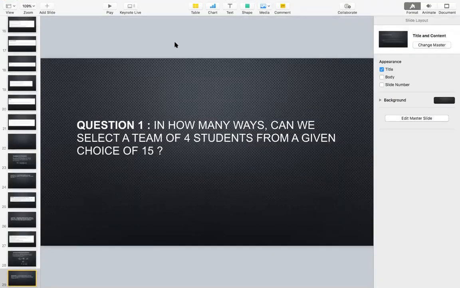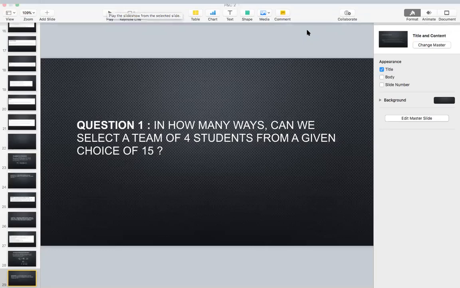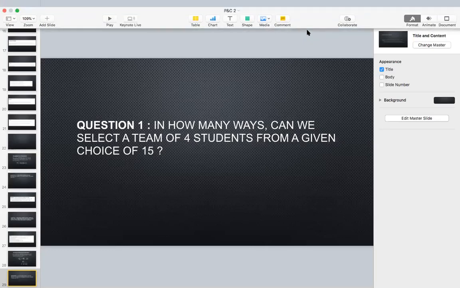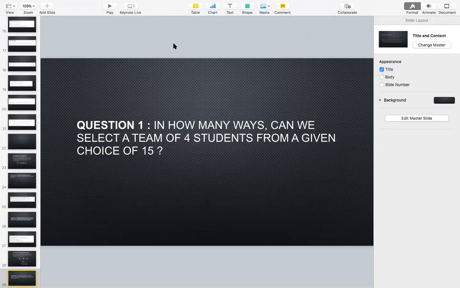Tell me in terms of NPR or NCR, whatever you find correct in this case. It should be 15C4, right? Because I need to select only 4 people from 15 people. So it's a simple selection, and if it is a simple selection, we will go for NCR. NCR means from n, we are selecting r. In this case, from 15, we are selecting 4. So our answer will be 15C4.